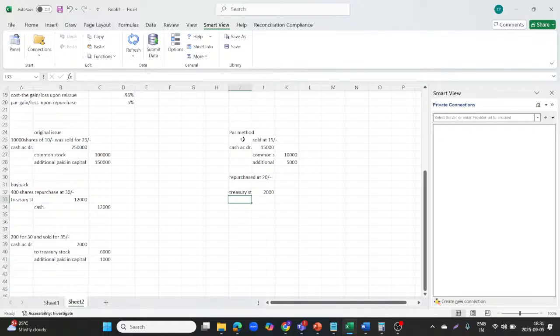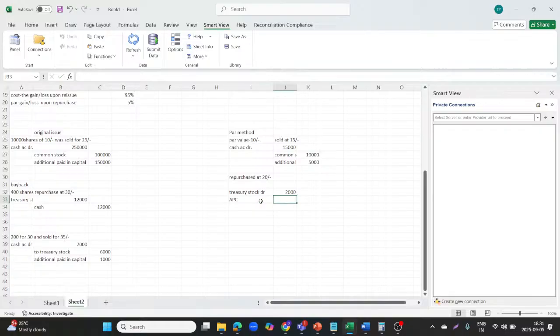Here in this case, par value was 10 per share and sold at 15, so treasury stock is debited with 2000, plus the profit that it has earned initially. That cost will remain 1000, that means 200 into 10.